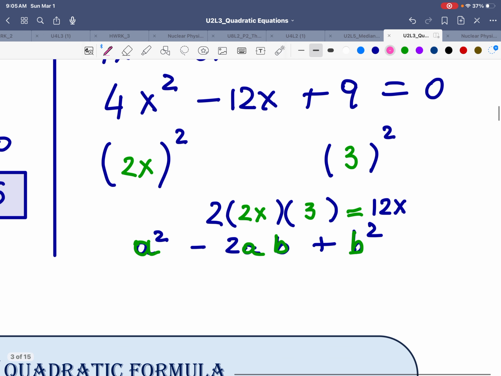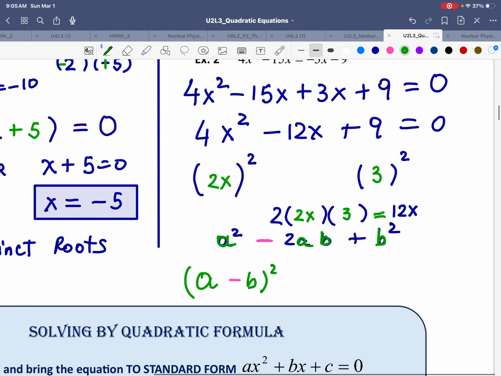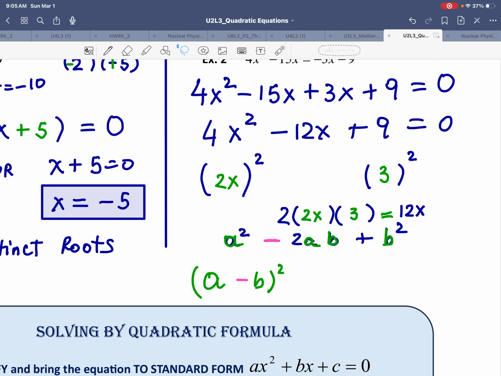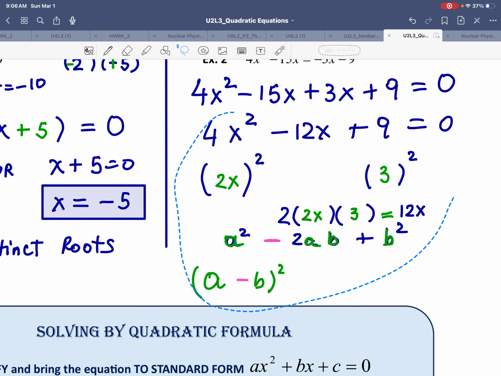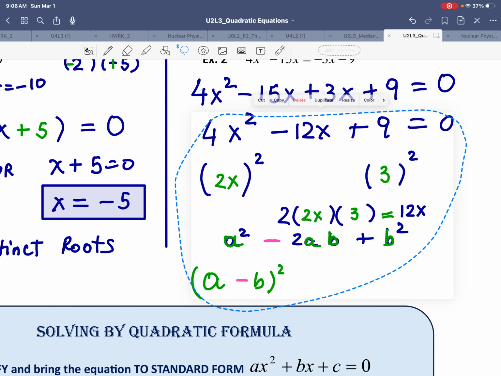So if you have a minus sign in between, it means that we have the a minus b format of this polynomial in factored form. So we're going to go ahead and factor this particular trinomial. Let me just make a little bit of room for us here.